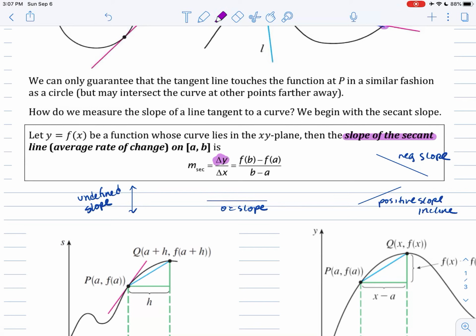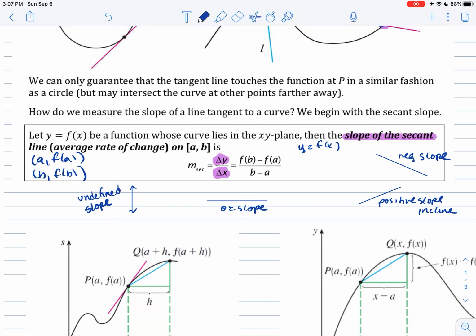Now we use this delta y over delta x notation a lot within calculus, and that really does mean the change in y over the change in x. And remember, if y is equal to a function, y equal to f of x, and if we had 2 points, a, f of a, that would be on our graph, and b, f of b, that would also be on our graph, because the output y would be the function output at that value a.